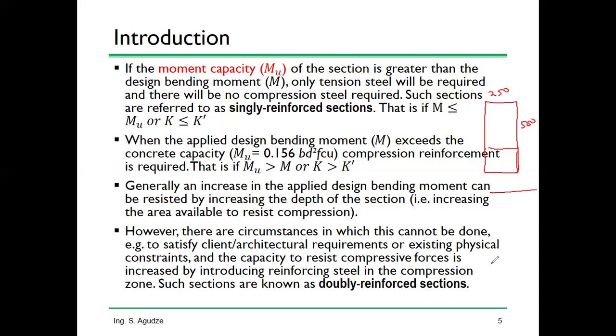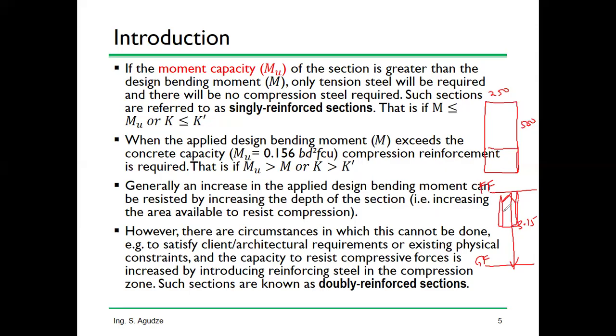Again, but let us not forget that when we have a floor or a building, we have the floor to floor height. So let's say if this is ground floor and this is first floor, there's a floor to floor height, let's say it's 3.15. This height usually is limited. So in a case where your beam drops too much, it's going to create problems for the users of the structure.